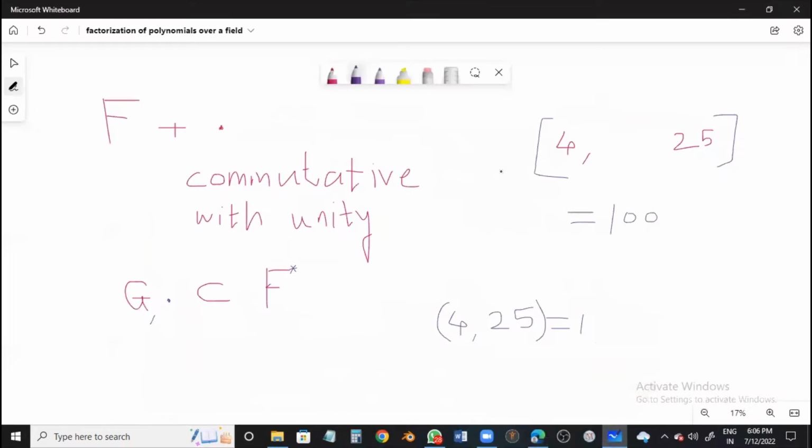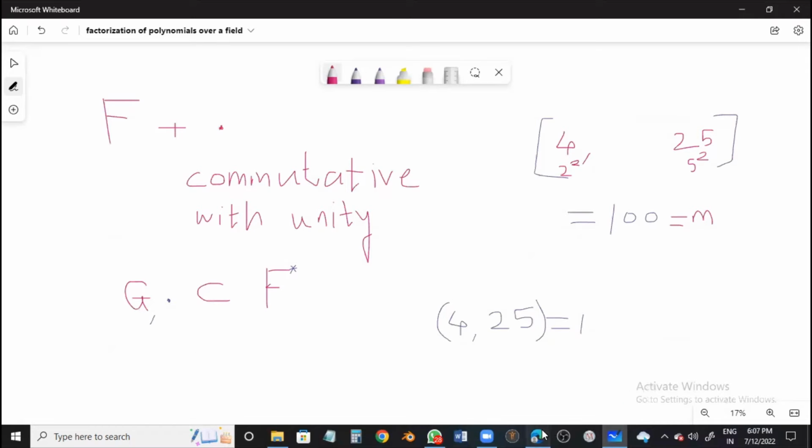Coming back, see, 100 is our M. And 4 is 2 square, 25 is 5 square. So this 2 square, D1, does it divide M? Yes. 5 square, does it divide M? Yes, of course. That is why it is known as the least common multiple.